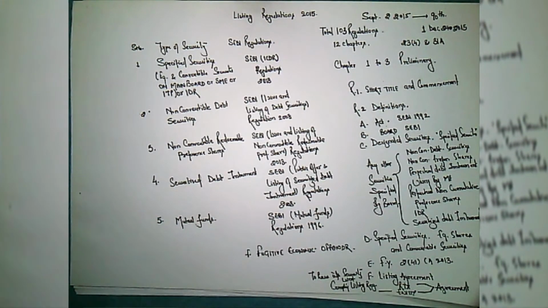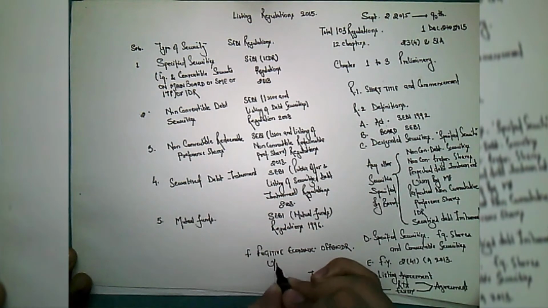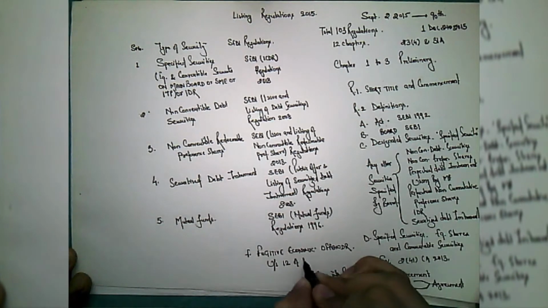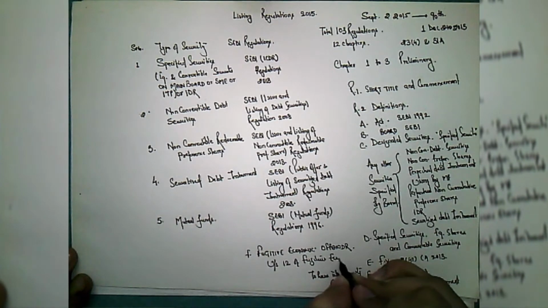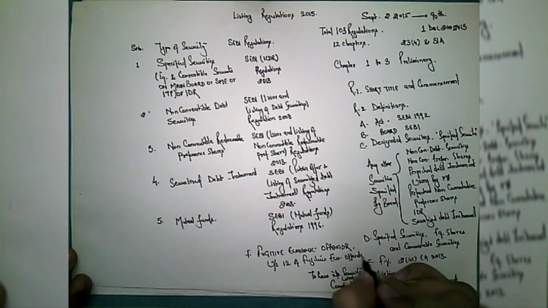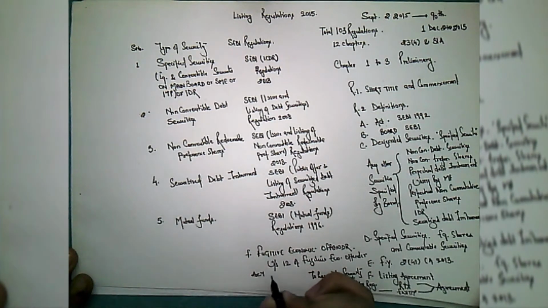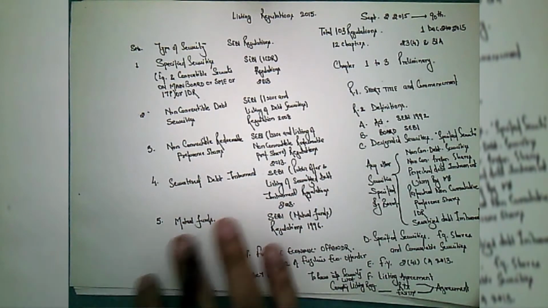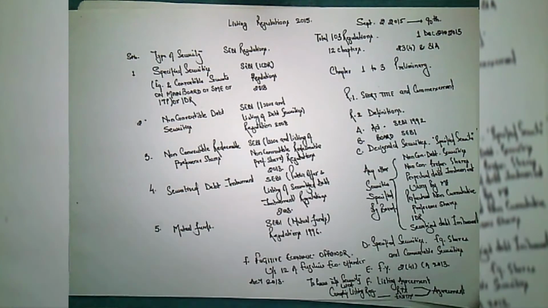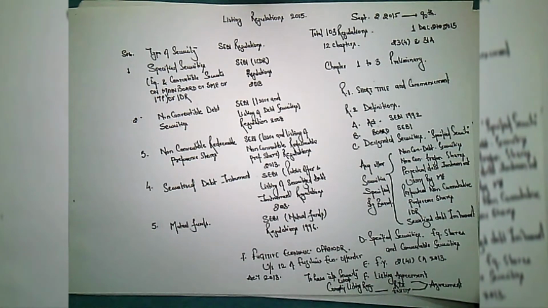So an individual who has been declared a fugitive economic offender under section 12 of the Fugitive Economic Offenders Act 2018, who has done some inappropriate or unethical practice and has run away from the eyes of law. Basically, has escaped.